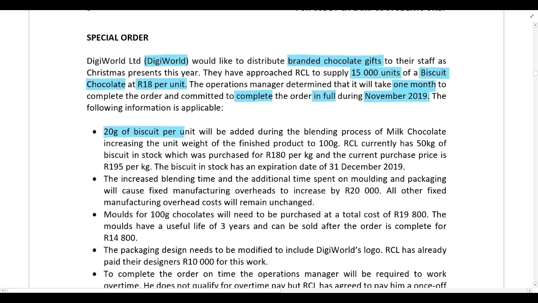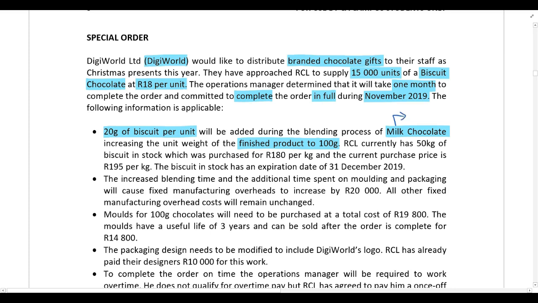20 grams of biscuit per unit will be added during the blending process of milk chocolate, increasing the unit weight of the finished product to 100 grams. All right, so we know that RCL does currently produce milk chocolate, and milk chocolate is sold in 80-gram slabs.